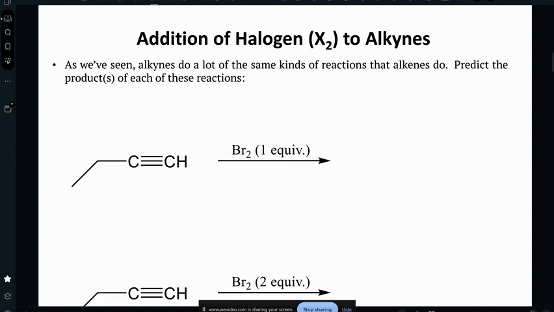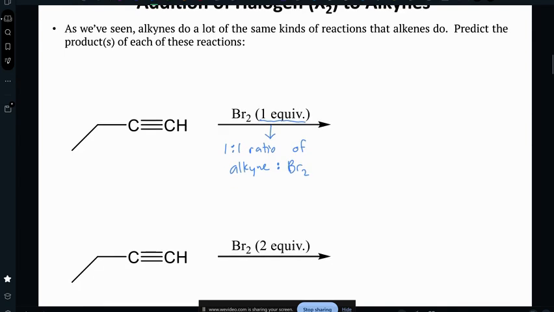Just to point out this first case, one equivalent means a 1-to-1 ratio of alkyne to Br2. So for every 1 mole of my alkyne, I'm adding 1 mole of Br2. That's what that terminology, one equivalent, means.